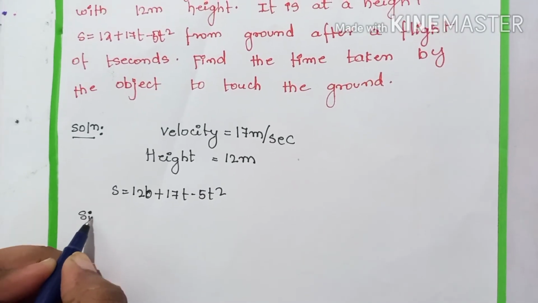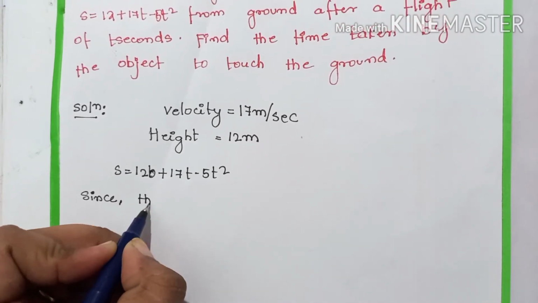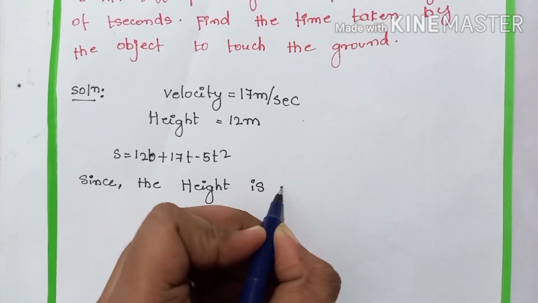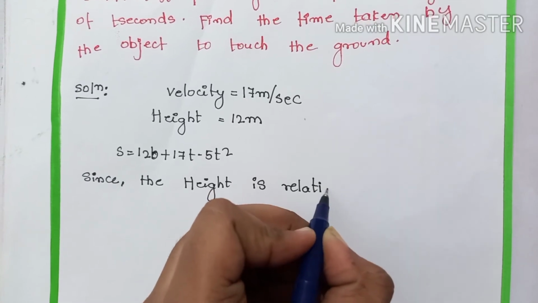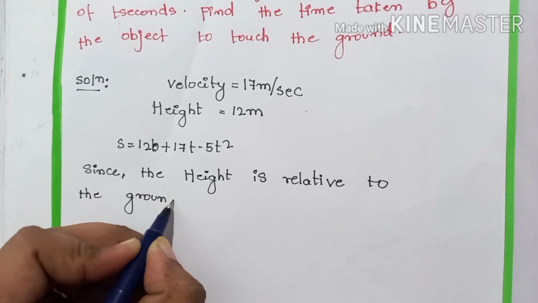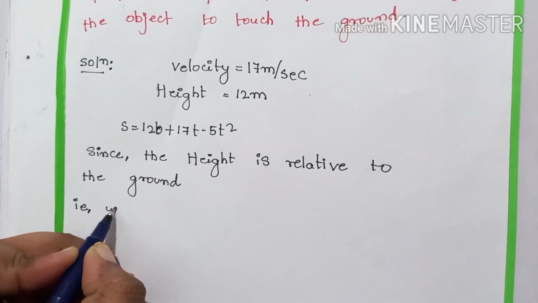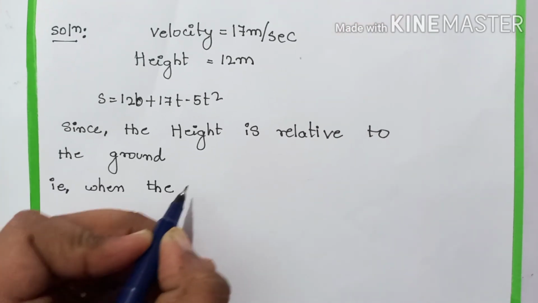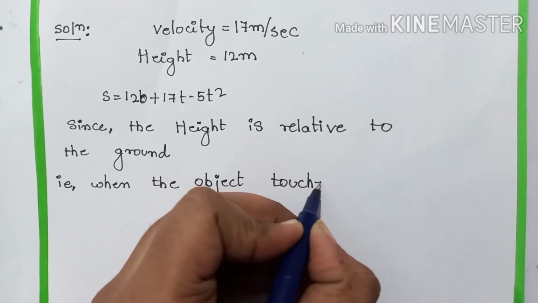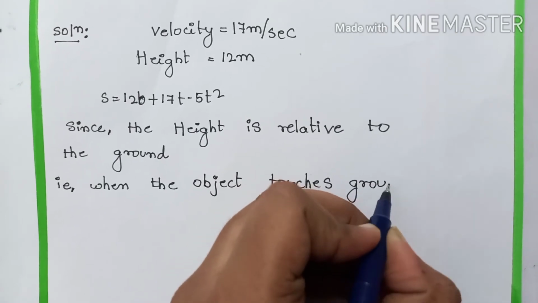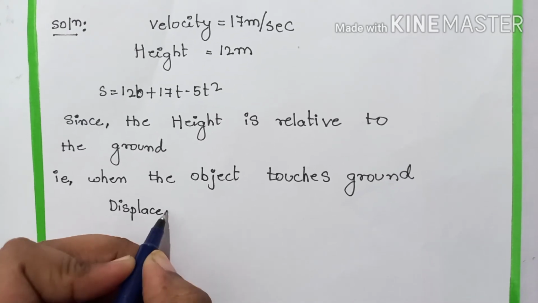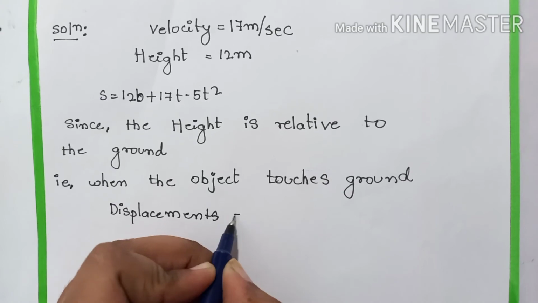Since the height is relative to the ground, when the object is touching the ground, here we can measure the distance but not the displacement, because the displacement here becomes 0.